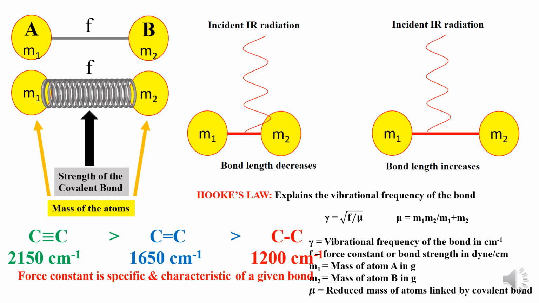Like in case of carbon-carbon triple bond, a value of around 2150 centimeter inverse is required to induce vibrational transitions, while a value of 1650 centimeter inverse is required to induce the stretching vibrations of carbon-carbon double bond, and a value of 1200 centimeter inverse is required to induce the stretching vibrations of carbon-carbon single bond.